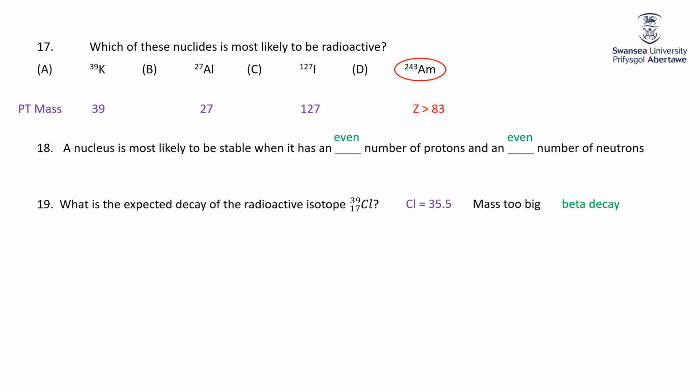You want to turn a neutron into a proton. So chlorine-39 is going to kick out a beta particle, leaving behind mass 39, charge 18, because beta raises the atomic number, so it's argon-18.